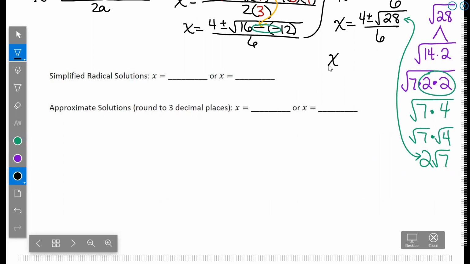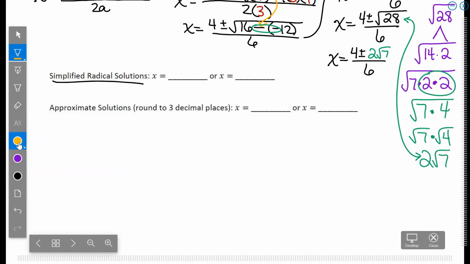So I have x equals 4 plus or minus 2 square root of 7 all over 6. We almost have this in simplified radical form. I need to try to reduce this fraction down.